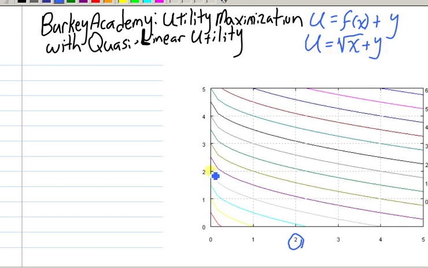So that gives you 2 utils. But since this is additive, plus instead of times, you can see that it also intersects the x-axis down here at 4. Because if we have 0 y but 4 x's, that also gives us 2 utils, because utility equals the square root of 4 plus 0, which is 2. So these are very different kinds of animals from a Cobb-Douglas utility function.